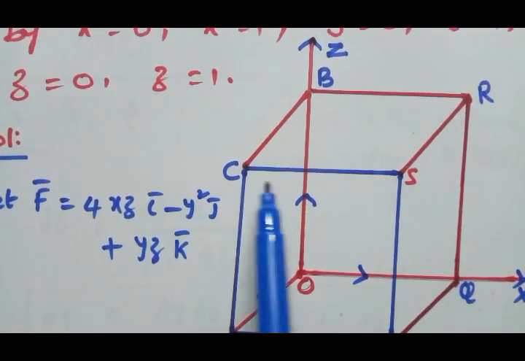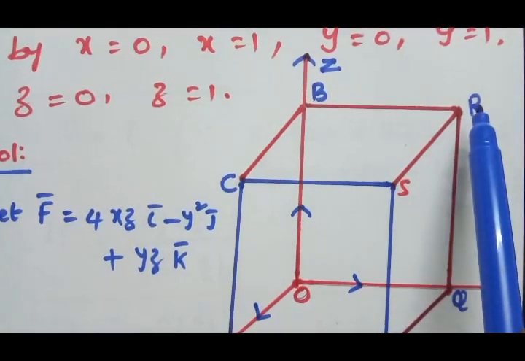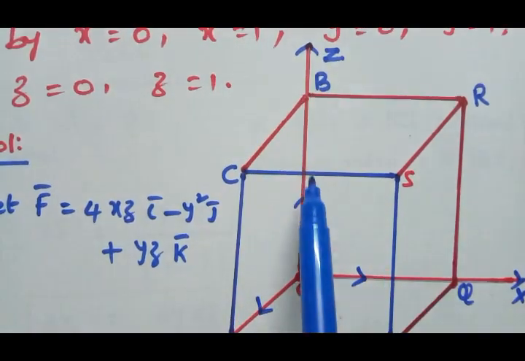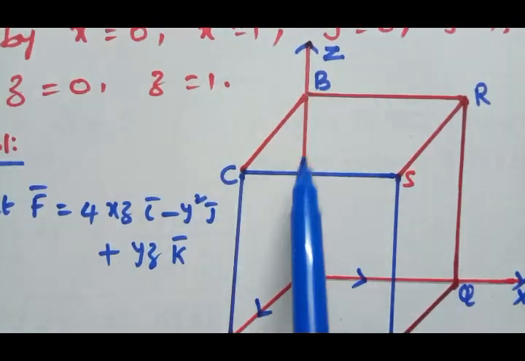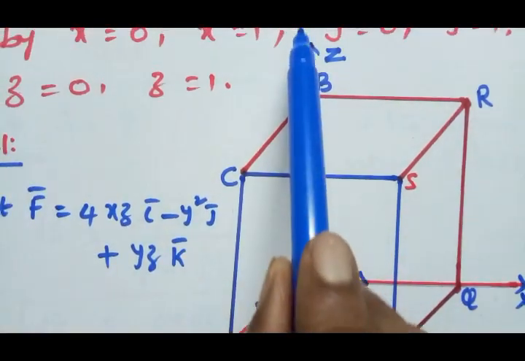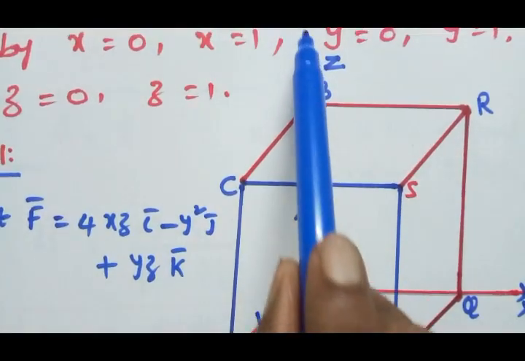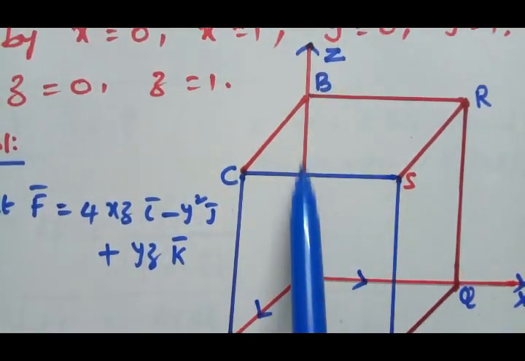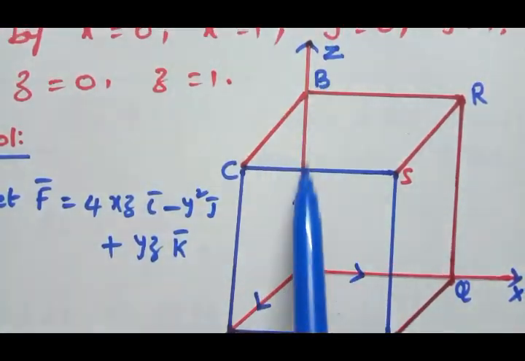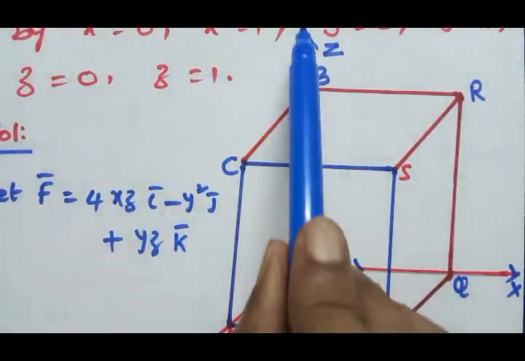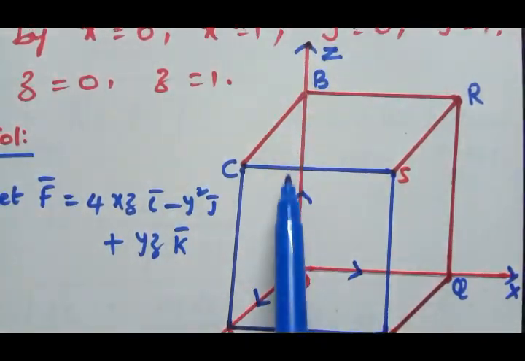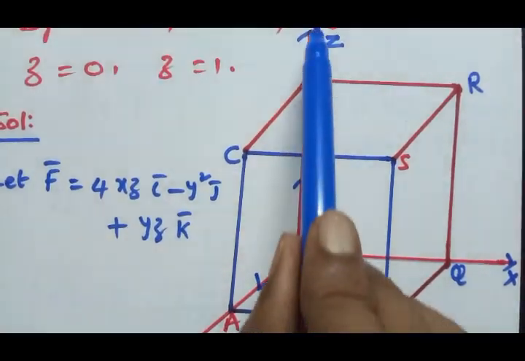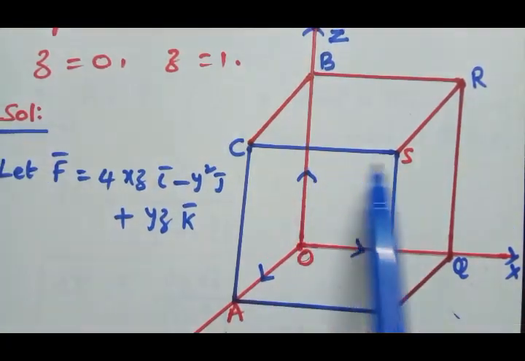Here this is the CSRB. This is at z is equal to 1 and the unit outward drawn normal to this face is along the positive z-axis. Along this positive z-axis, the unit vector is k cap. So unit n cap is equal to k cap for this face.